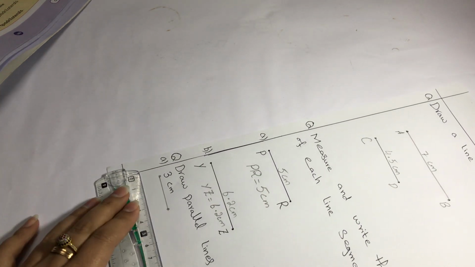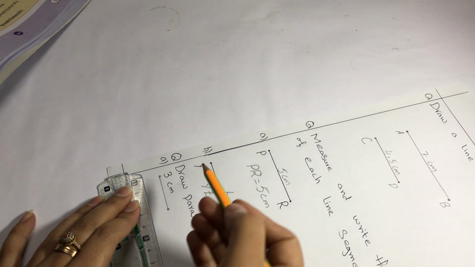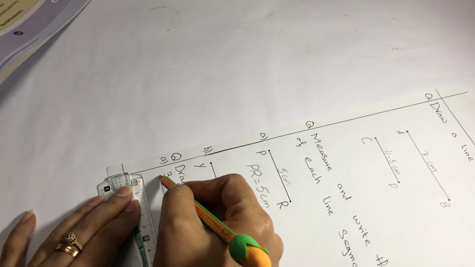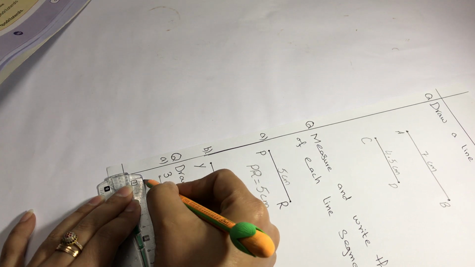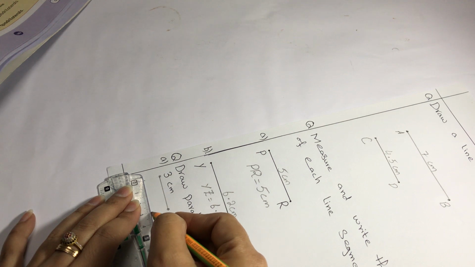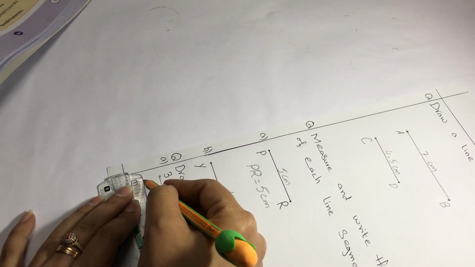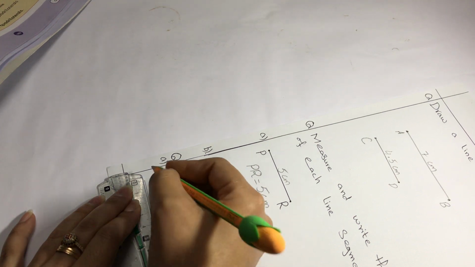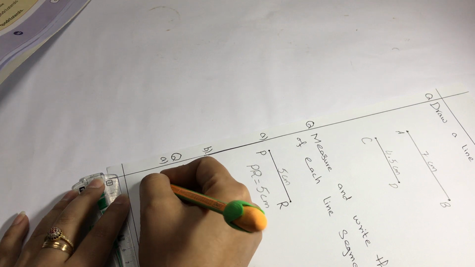Now I have to draw a line segment of the same length but with equal distance on each point. Now you can see, I will start my line segment from the same place and I will end my line segment at the same place, and when I draw this line segment, my distance will be equal on both sides.